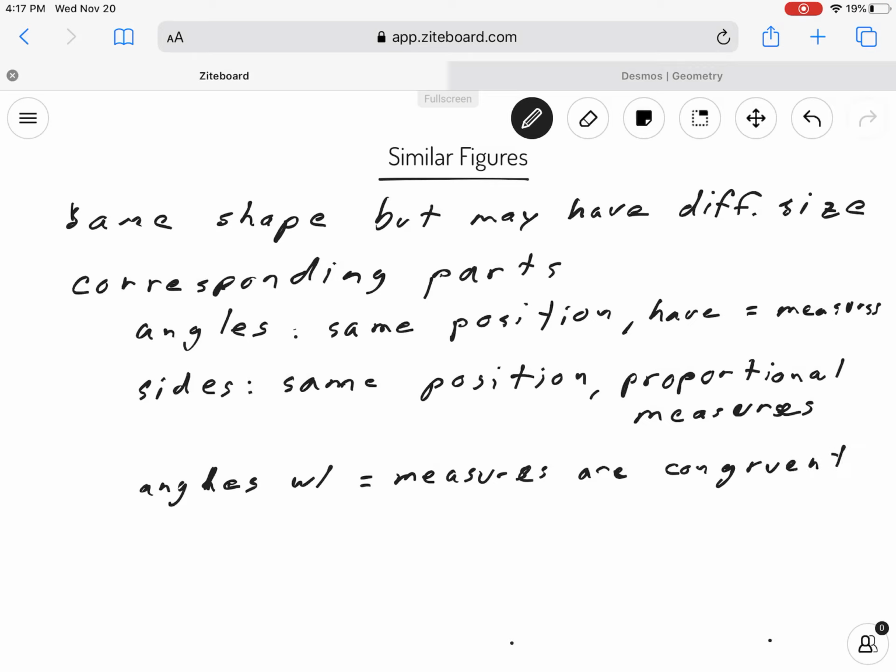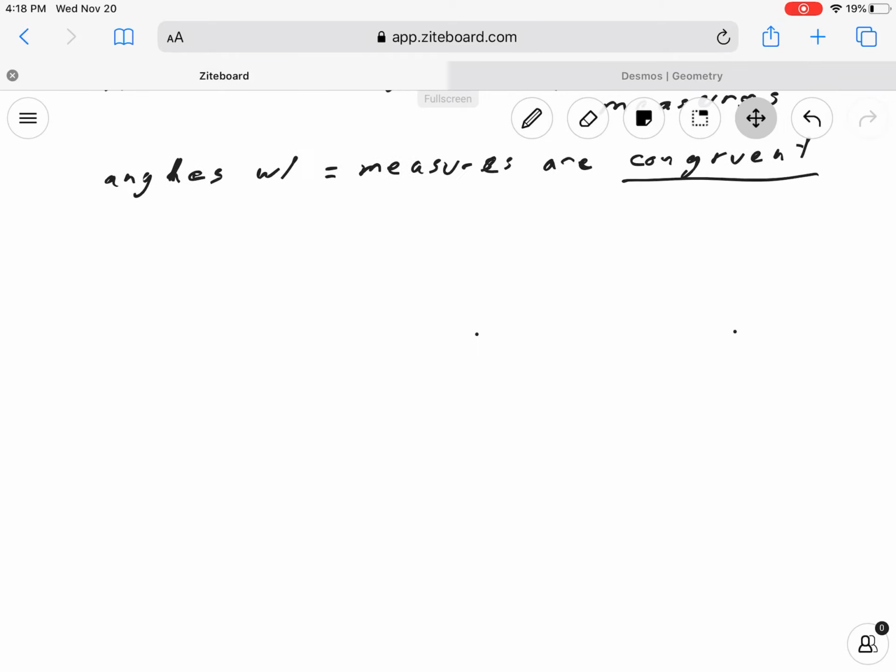And if I had sides of equal measures, they would also be called congruent. Congruent just means the measures are the same. Okay, so I can now use this information to solve some problems involving geometric shapes. So let's look at a couple.